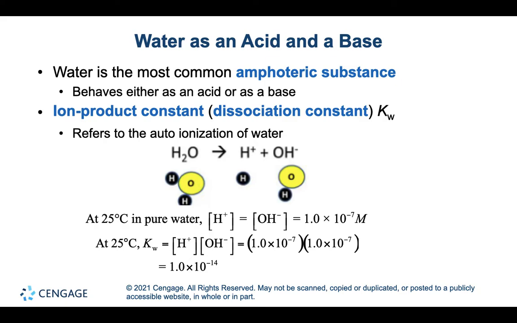It doesn't ionize a lot, but it does have a value of 1 times 10 to the minus 14. This is a very important reaction because a lot of our acid-base reactions occur in water. So we have to remind ourselves that water is doing this ionization equilibrium, even as acids and bases are doing their own equilibria.